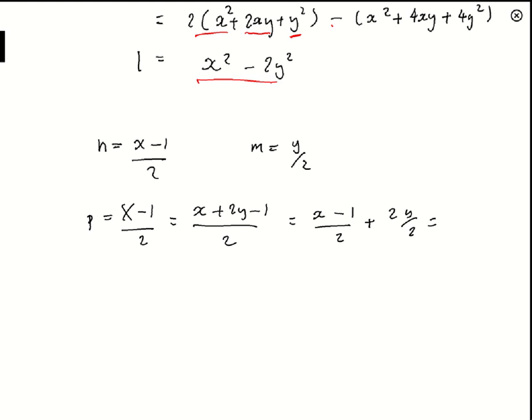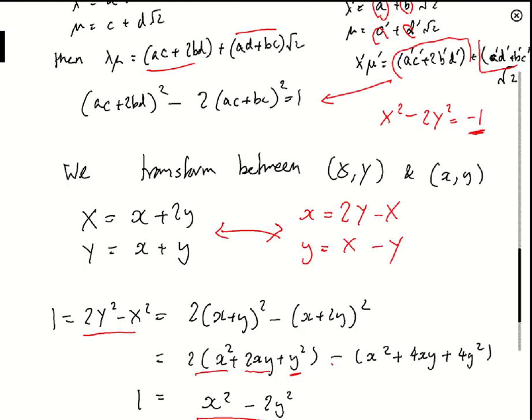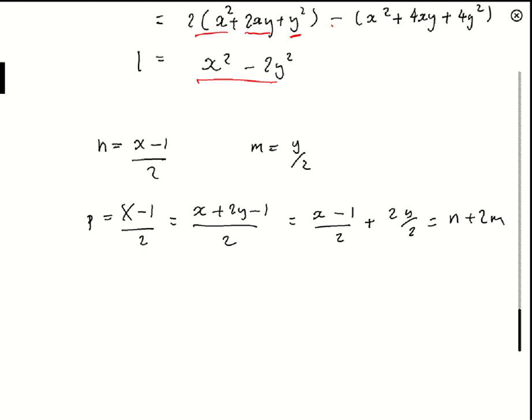And then you see quite shockingly that this is n plus 2m. And now look, back we go. Look at this bit. There's that same form and same sort of thing with the q's.